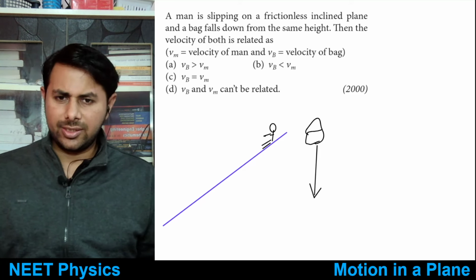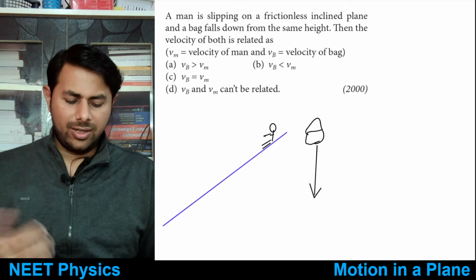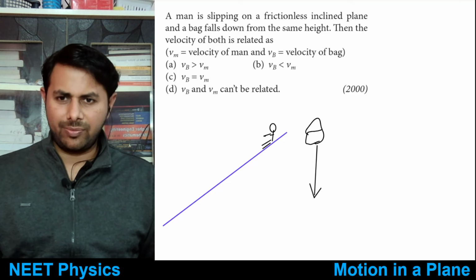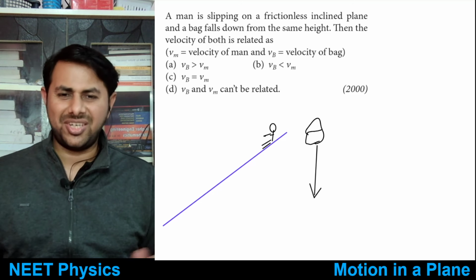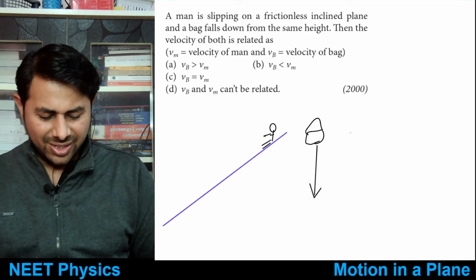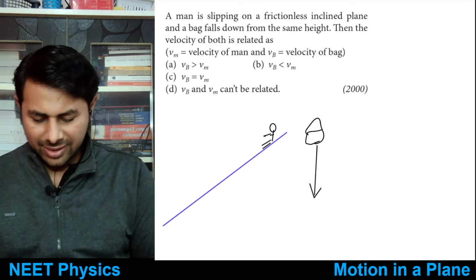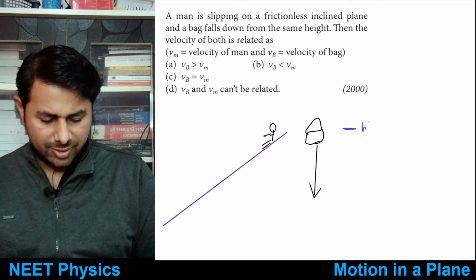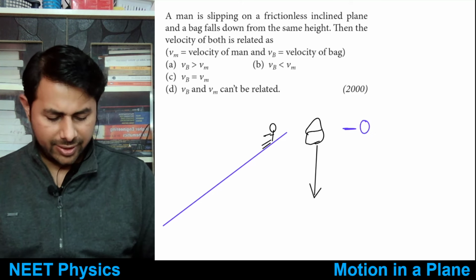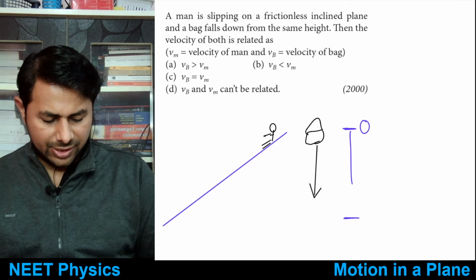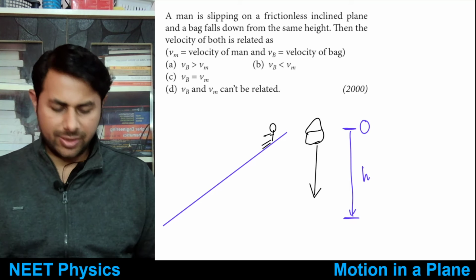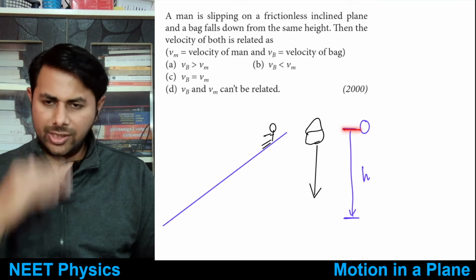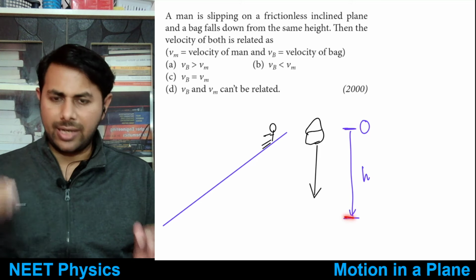So the reason is just this thing. Now we have not seen work, energy and power, but I am just going to use a concept because I am sure you know about potential energy and kinetic energy, right? So if the man and the bag are at some height, let's say h above the ground, and the height changes by h, then the potential energy at this height gets converted to kinetic energy over here.